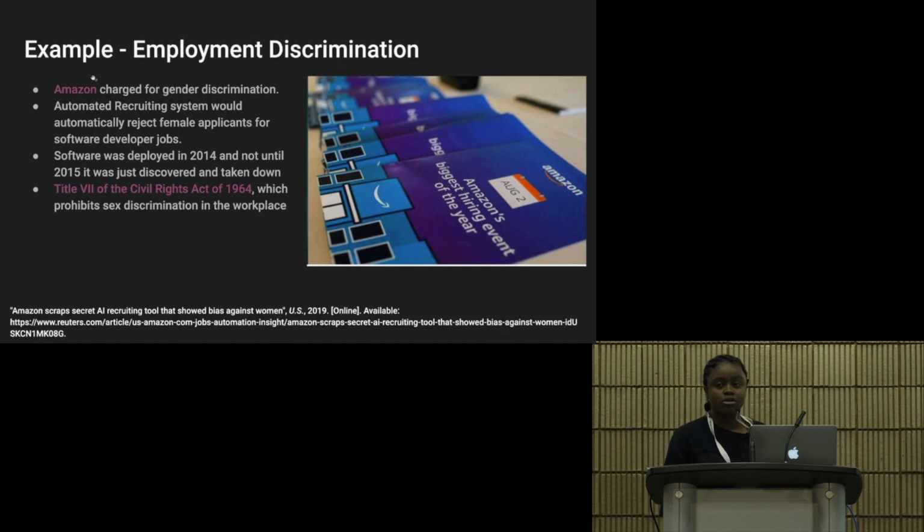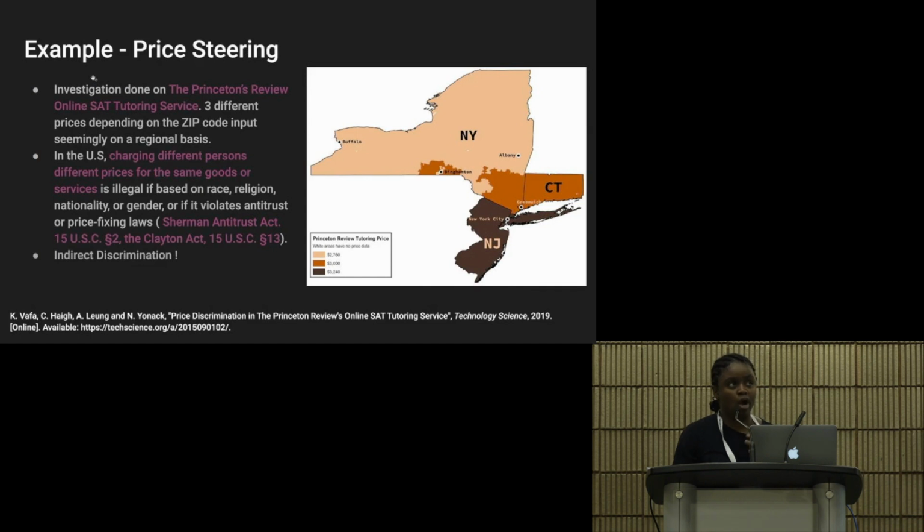Another recent example is a report that Amazon's internal recruitment tool was found to be biased against female applicants for software development roles. Again, a model that probably, by all accounts, was tested, but did it work?